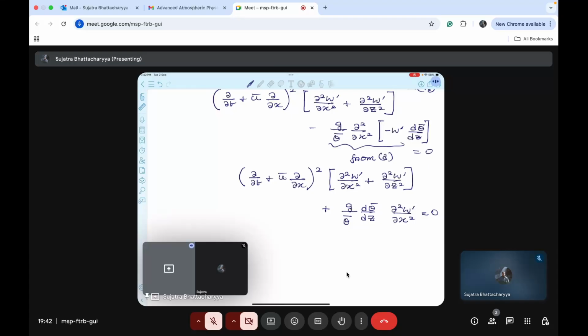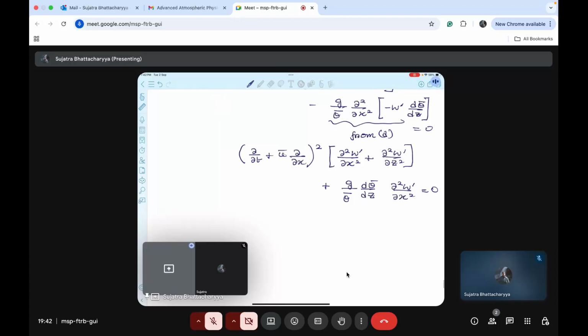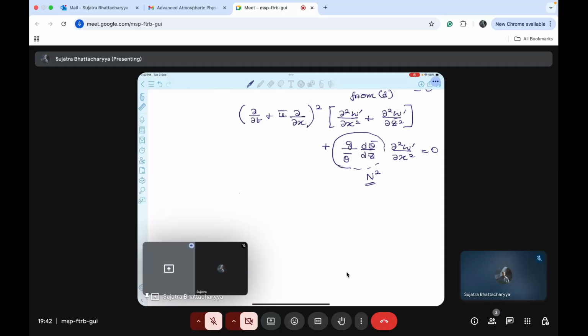So we have already got the final expression. Look at this. This is nothing but what? The Brunt-Väisälä frequency square. Okay. So we are very close to our final expression of the wave equation.